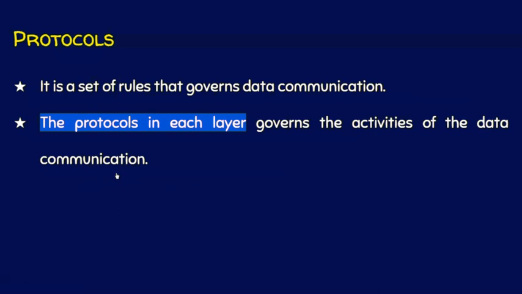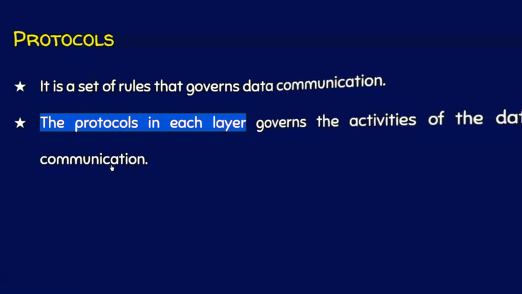So in each layer we are going to handle each of these addressing, and each of these addressing is taken care of by different protocols. Ultimately we want effective data communication, so we need certain rules to govern this data communication, which protocols take care of.